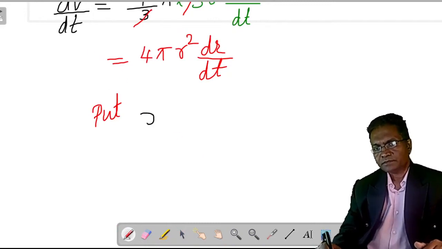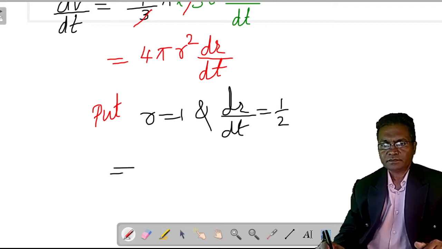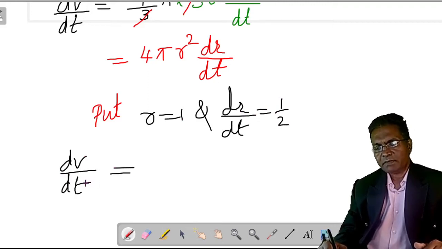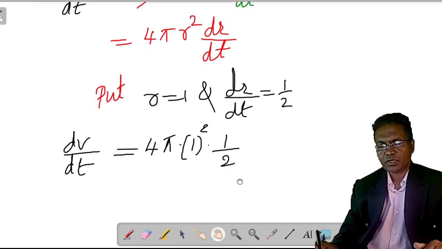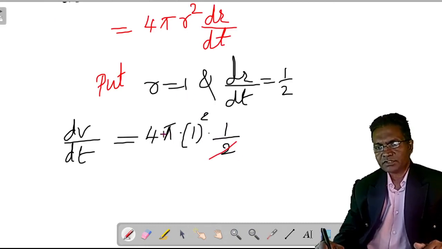So put r equal to 1 and dr by dt equal to half. You will get dv by dt equals 4 pi into 1 square into 1 by 2. Two ones are two, two twos are four, you are left with 2 pi.